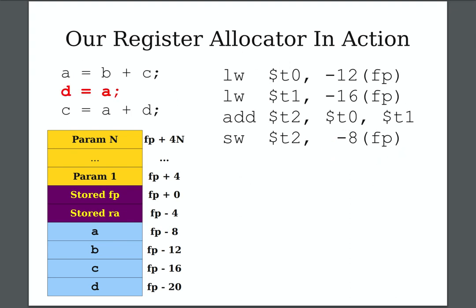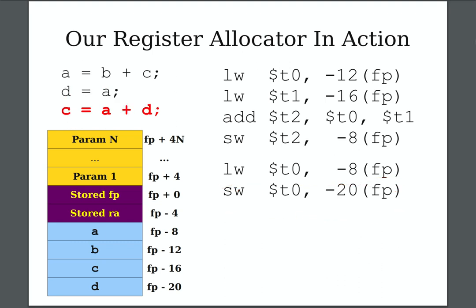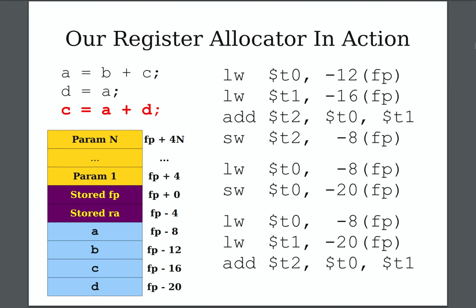When we generate code for D equals A, we have to load the value of A. Of course, we just stored it. And then store that value into D's memory location. And similarly, we load the value of A again, load the value of D again, compute the addition and store the value of C. I think some of you already pointed this out.